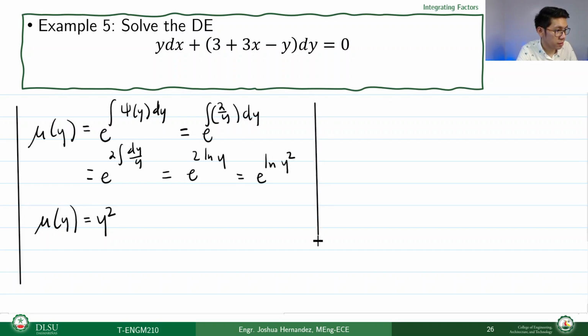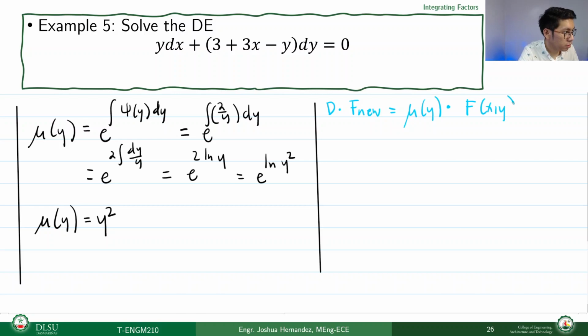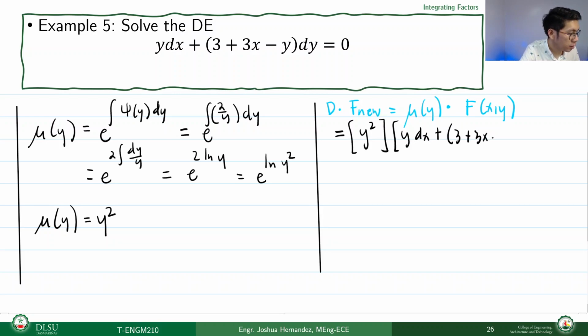That is f new, step D, f new equals mu of y multiplied to the whole non-exact function will give y squared multiplied to y dx plus quantity 3 plus 3x minus y dy equals 0.